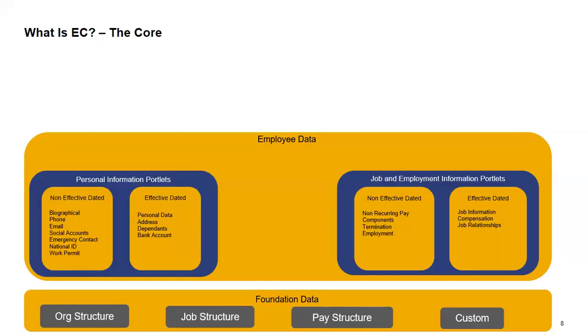Effective dated means every record that we insert for the employee will have to be added with 1 date. Like in job information, the first event for any employee is hire. After hiring, I want to transfer the employee.